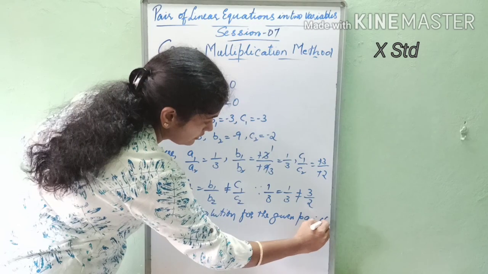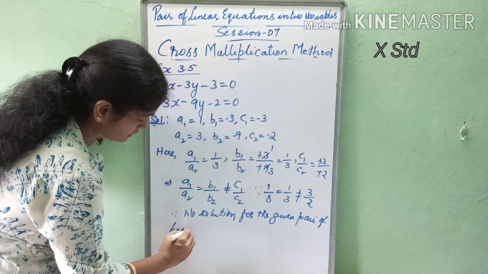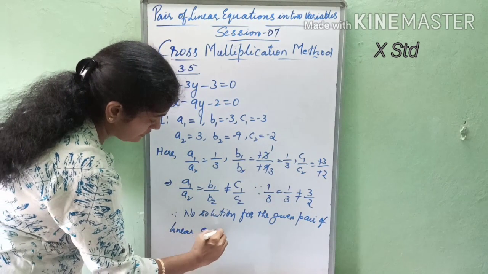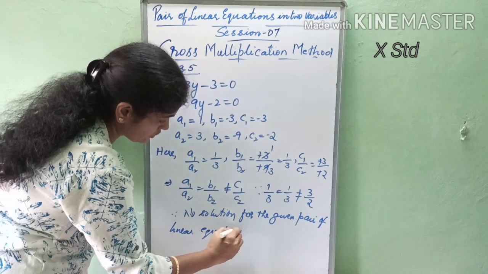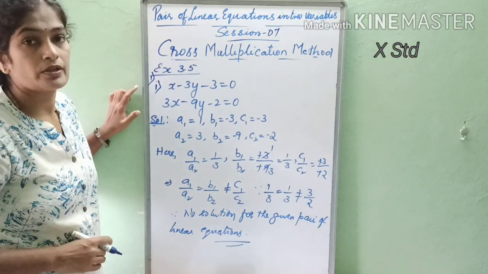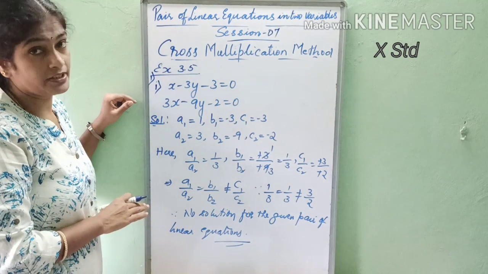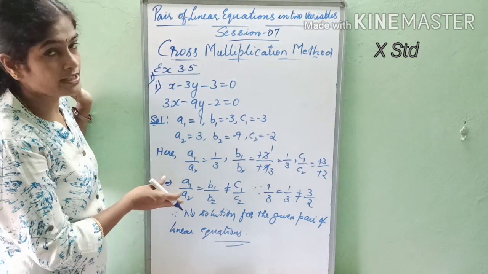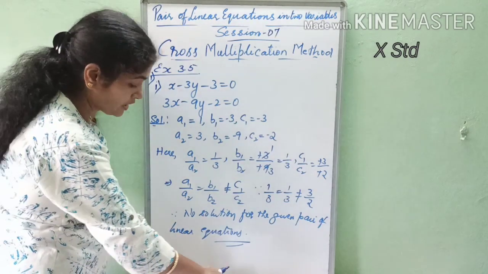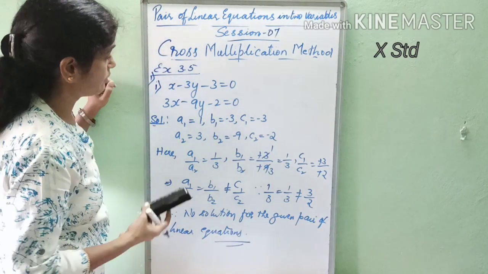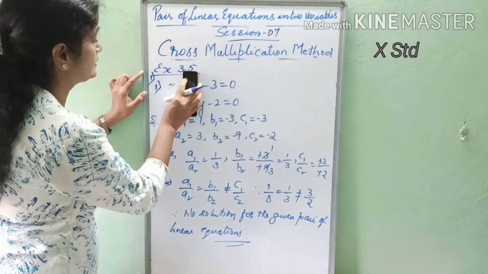Okay, then we will see the second part of it, whether they have a unique solution. If they have a unique solution, they have asked you to solve it by the cross multiplication method. So we will see the second part.